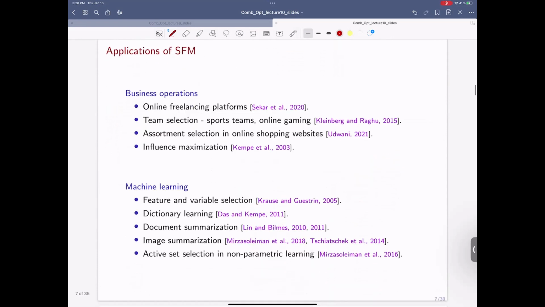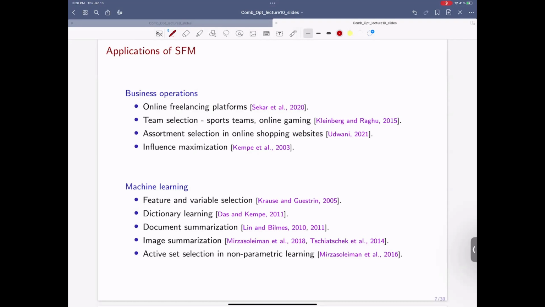It appears in many applications, like online freelancing platforms or team selection. You want to hire a pool of people, but when their interaction is nonlinear, the group utility can be a nonlinear function over the players chosen to be in the team.